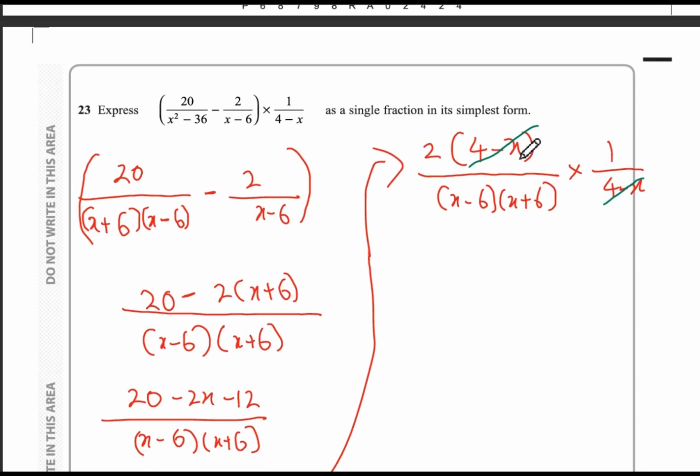Now what do I have at the top? 2 times 1, which is 2, and what do I have at the denominator? x minus 6 and x plus 6. This is my final answer.